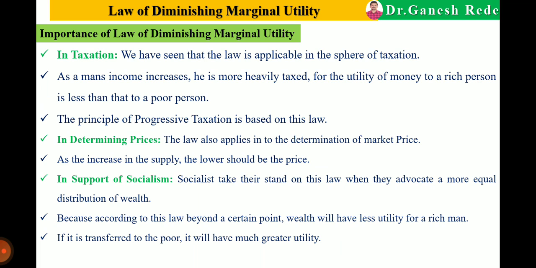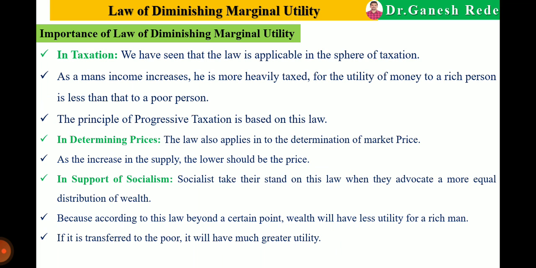The law is applicable in the taxation system of the government, or in the fiscal policy of the government. As a man's income increases, he is more heavily taxed. Means as a man's income increases, the tax amount also increases.